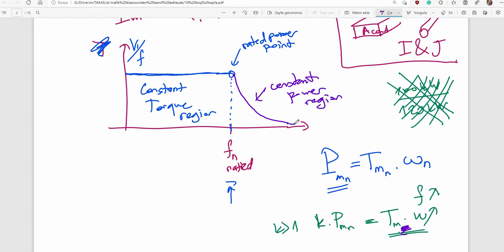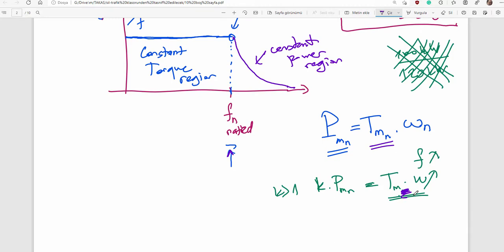Constant power region. When you operate under the rated frequency, machine will be operated in constant torque region to keep at least torque constant. And then when you operate machine over rated frequency, rated torque cannot be kept constant, otherwise machine power limits will be exceeded.